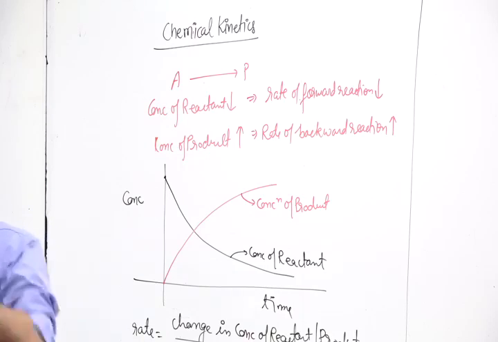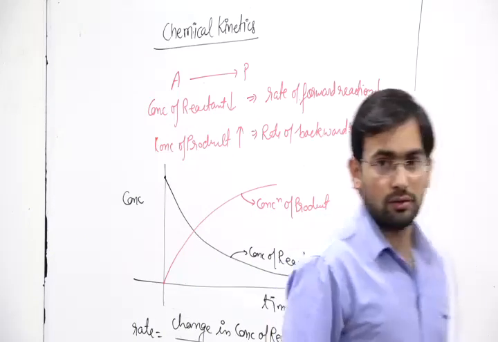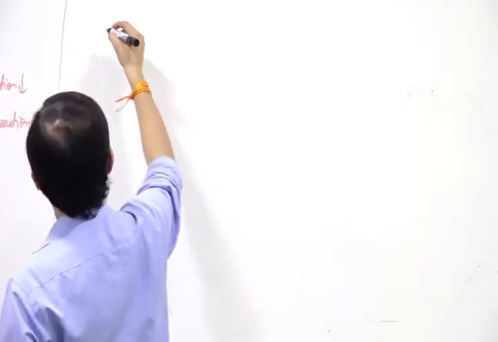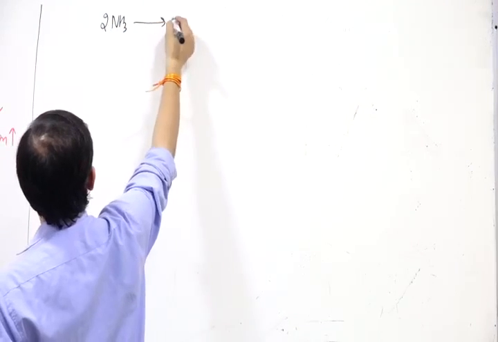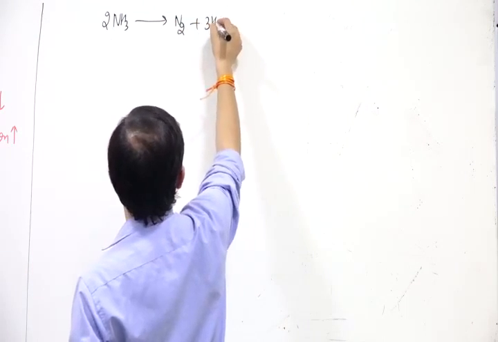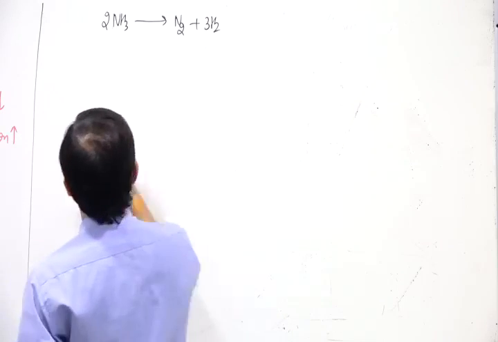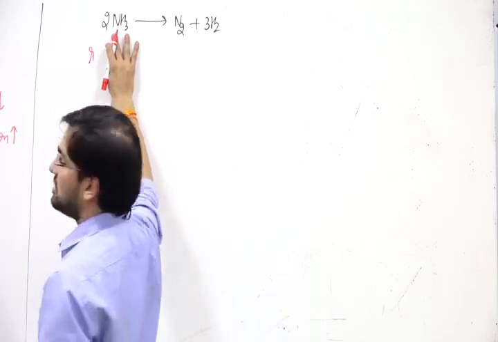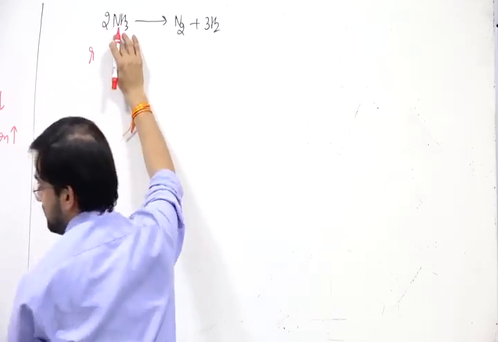Now let's take a reaction such as 2NH3 gives rise to N2 plus 3H2. If I want to write rate of this reaction, it depends on ammonia. So change in concentration of reactant, ammonia, divided by time.